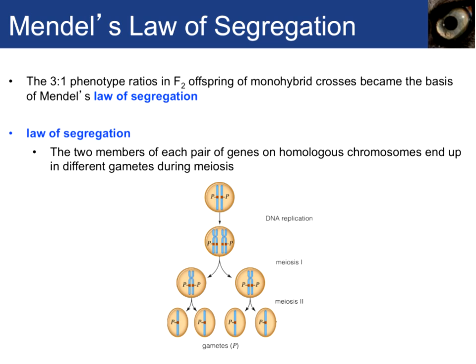Mendel's law of segregation says that the 2 members of each pair of genes on a homologous chromosome will end up in different gametes during meiosis. So this idea that you start out with 2 homologous chromosomes and the different genes go into the different gametes is the law of segregation.